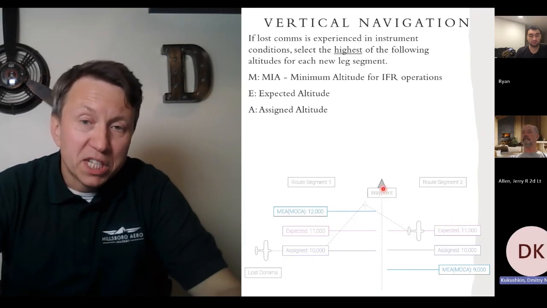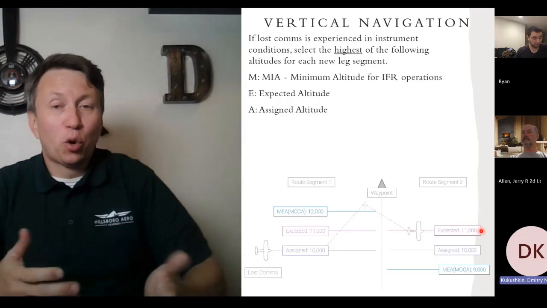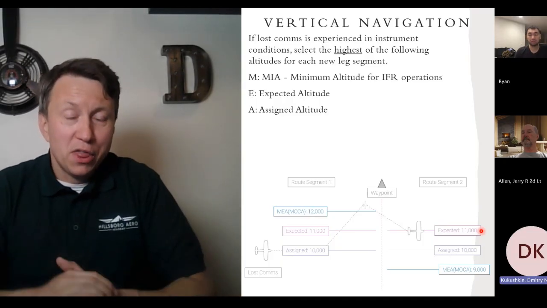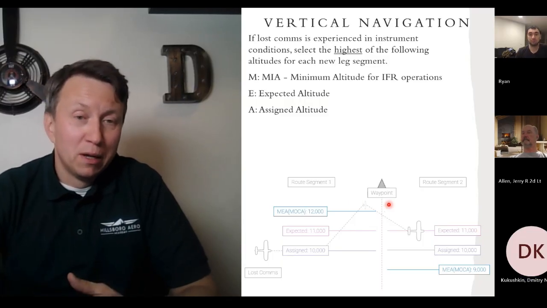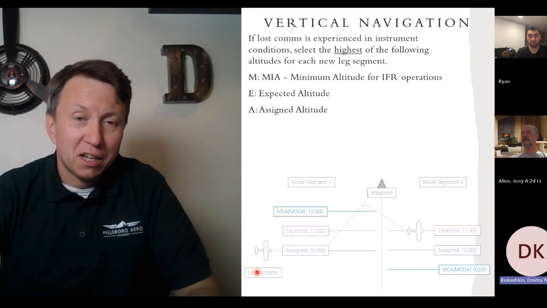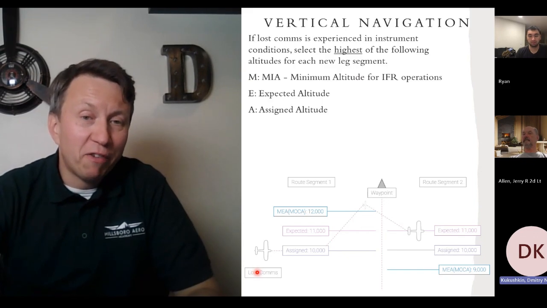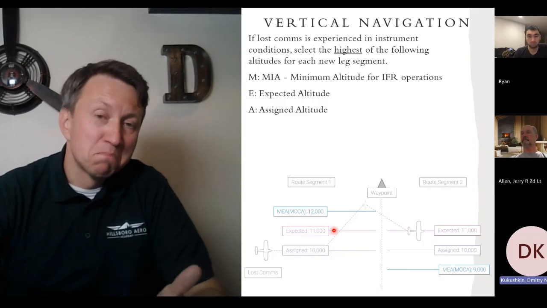Let's say past the waypoint, you were told to expect 11,000 in your clearance. That expectation applies to the whole route. So here's Twin Oaks. You get in your clearance, it says 76 Foxtrot Alpha, climb, maintain 10,000, expect 11,000 in 5 minutes.